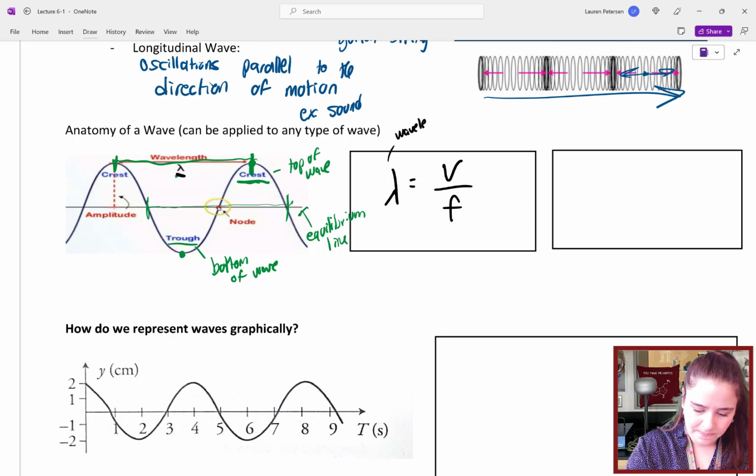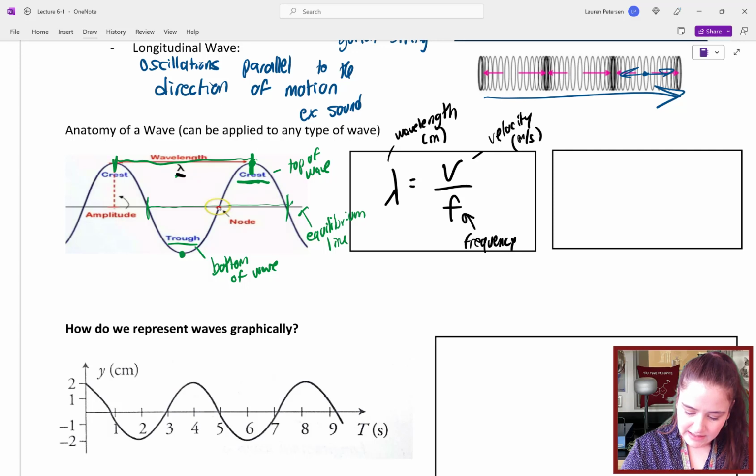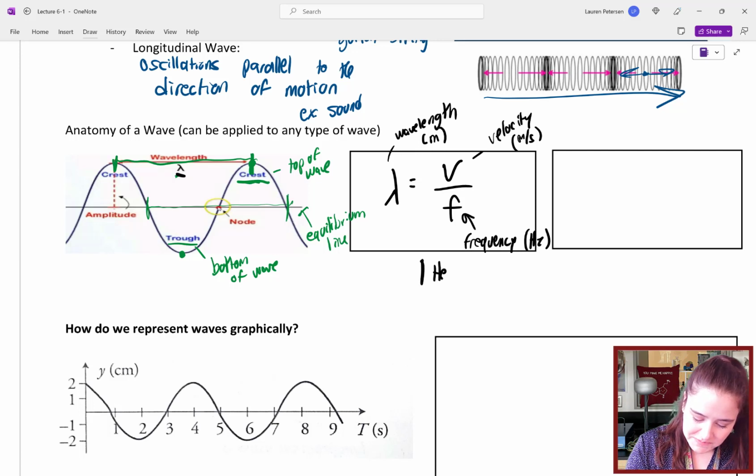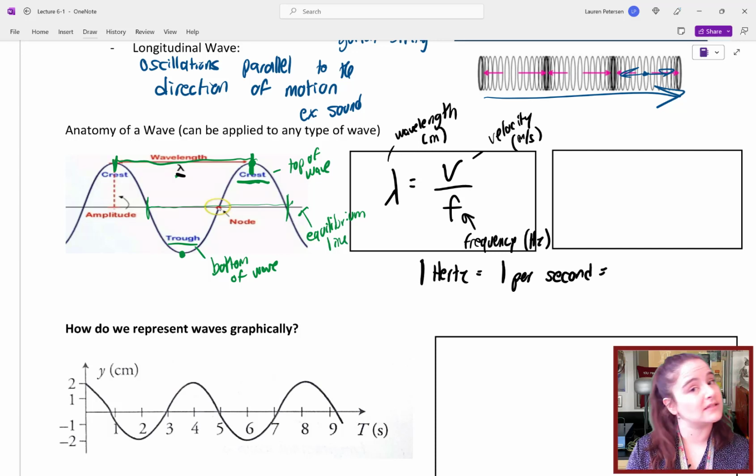The wavelength is typically in meters, the velocity is typically in meters per second, and the frequency is in units of hertz, as in the frequency of my bad physics jokes, hertz. A hertz just means 1 per second. You'll also see it written as seconds to the -1, or 1 over seconds, which is just another way to represent that. But we call that the frequency.